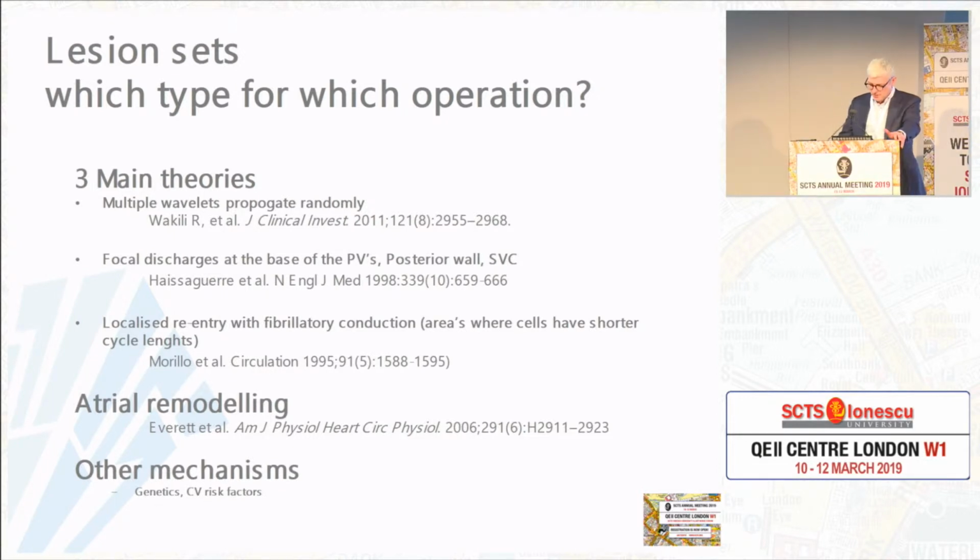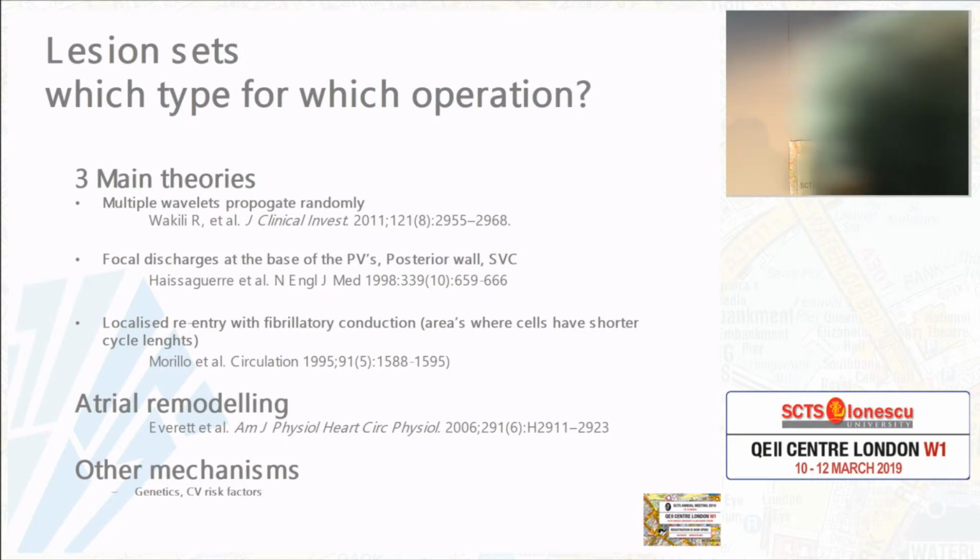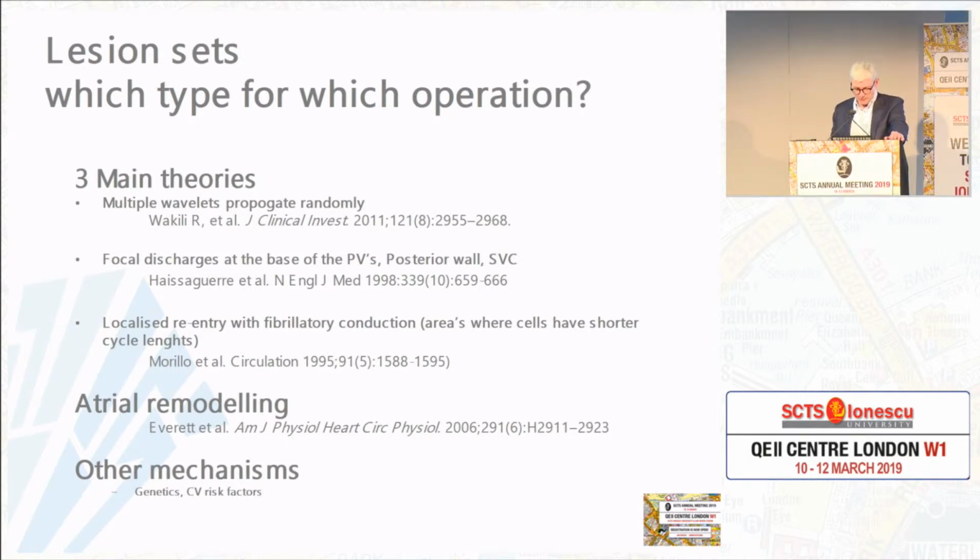Mark already discussed a bit about the electrophysiology. I'm going to highlight perhaps from a different angle. Up to now, there are three main theories. First of all, the multiple wavelet theory. Secondly, focal discharges at the base of anatomical structures like pulmonary veins, posterior wall, and the superior caval vein. And thirdly, localized re-entry with fibrillatory conduction.